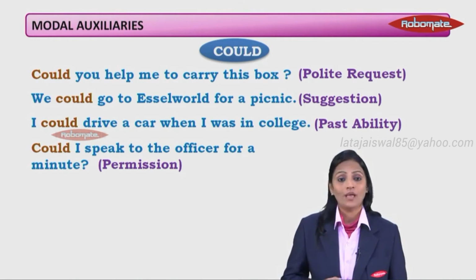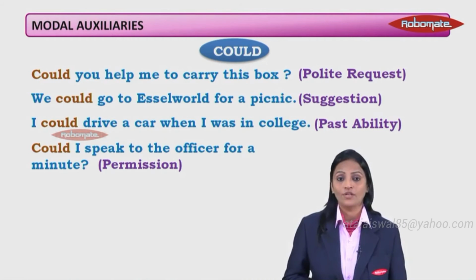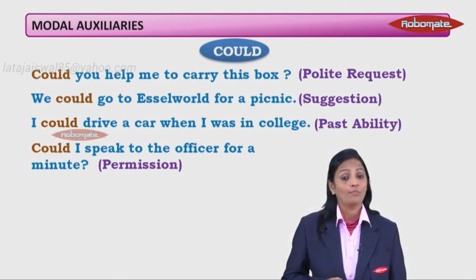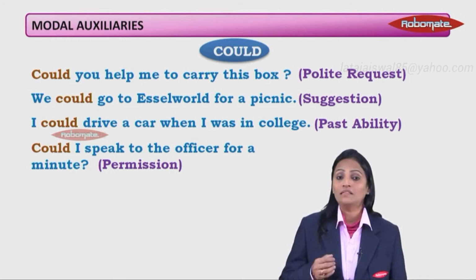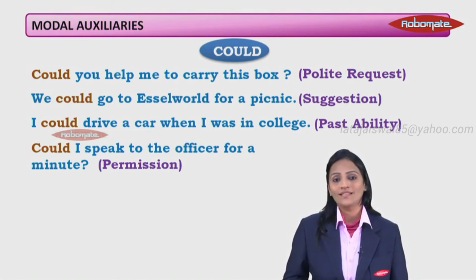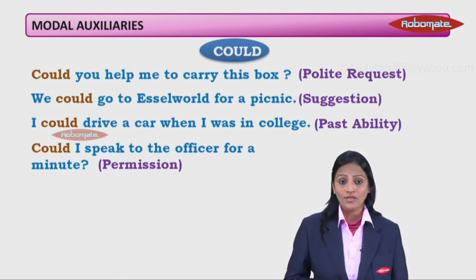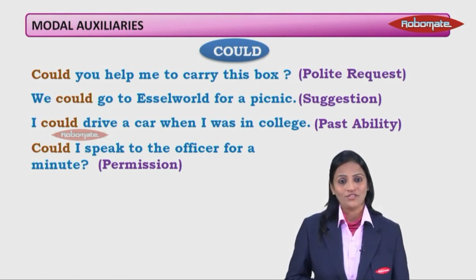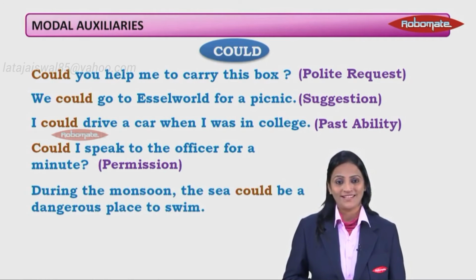But you must know that these are the possible functions for this auxiliary. So there's a learning here, students. You have to learn the list of the modal auxiliaries as well as the functions of different modal auxiliaries.